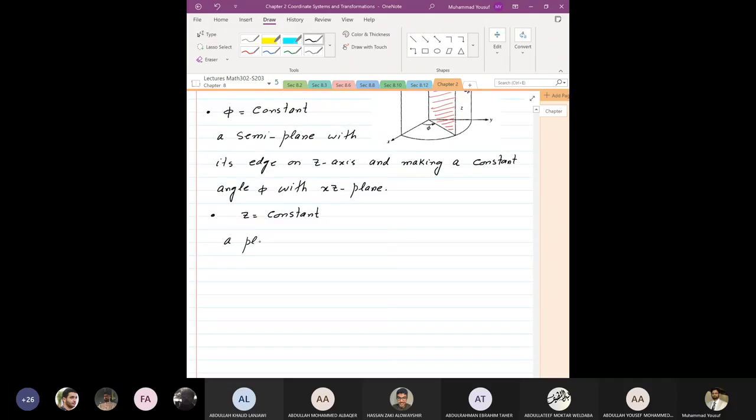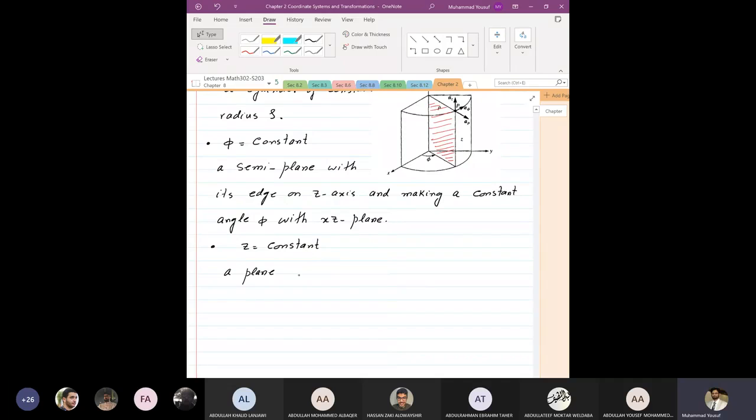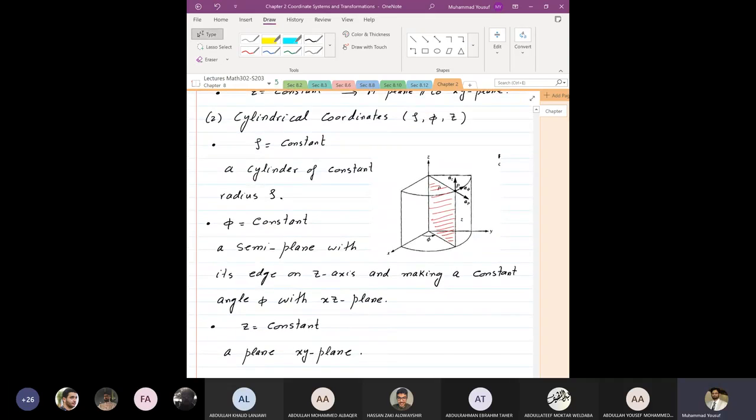A plane. Actually, it will be a circle on the XY plane, going to infinity. A plane. Which plane? XY plane, on the ground. On the ground, you can move anywhere. So it is a plane.